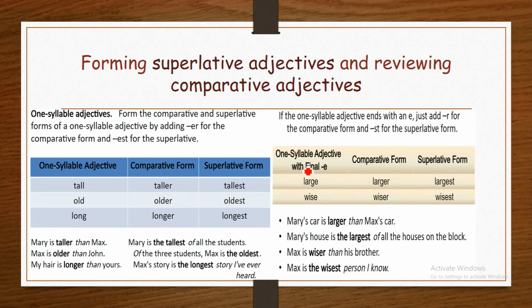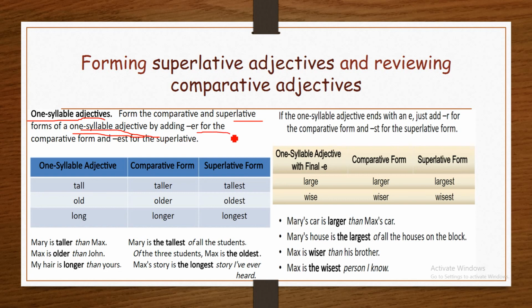Forming superlative adjectives and reviewing comparative adjectives. For one-syllable adjectives, in the previous lesson, we said when we have one-syllable adjectives, in comparative form, we just add er to it.